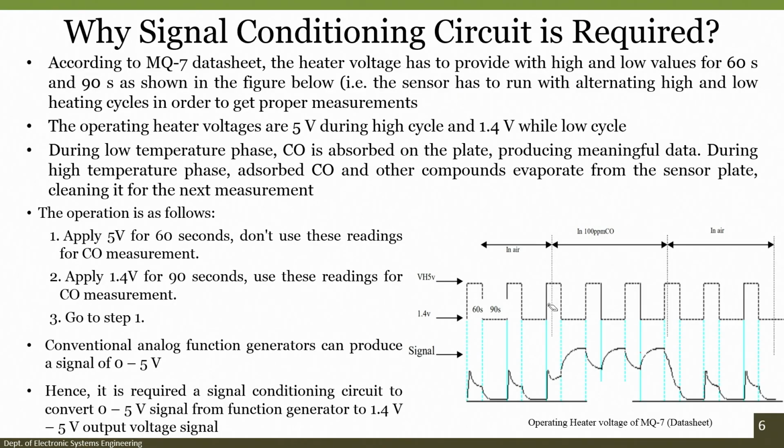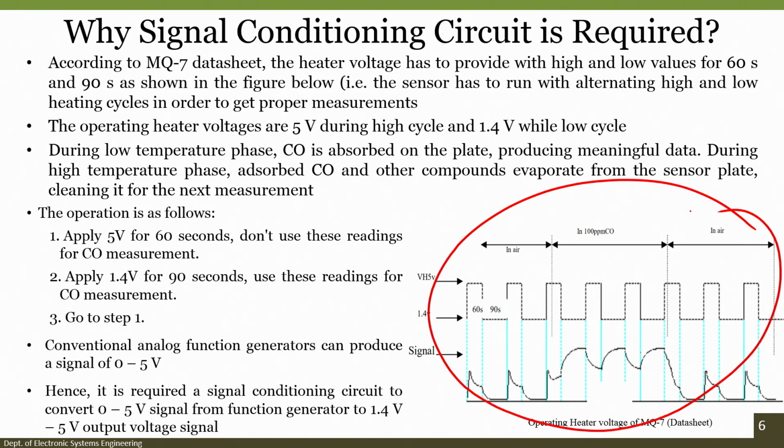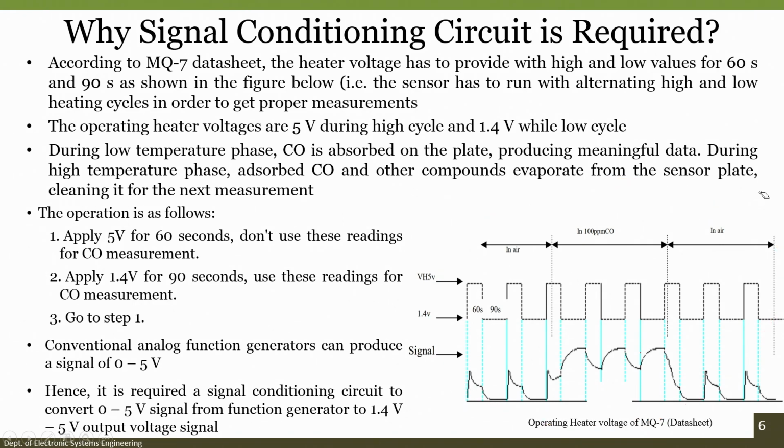Alright. So, coming back to the slide, the role of the signal conditioning circuit. The heater has to provide high and low values at 60 and 90 seconds, as you can see from here, right. The sensor has to run with alternating high and low heating cycles in order to provide proper measurements.